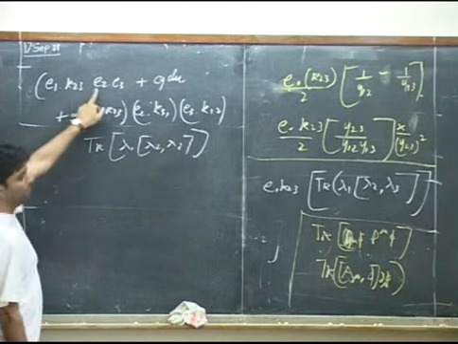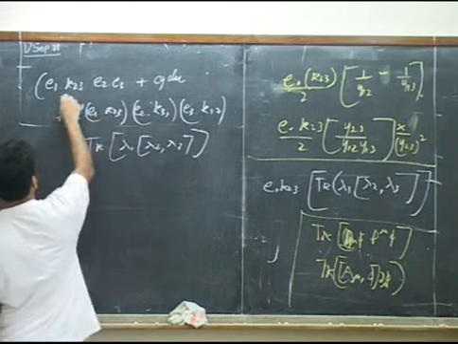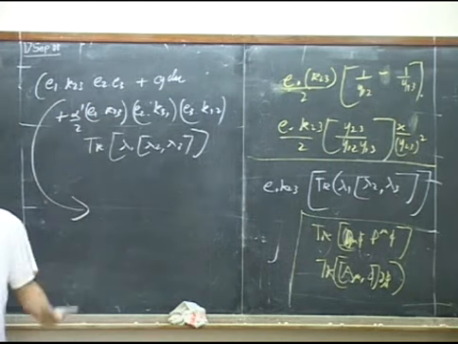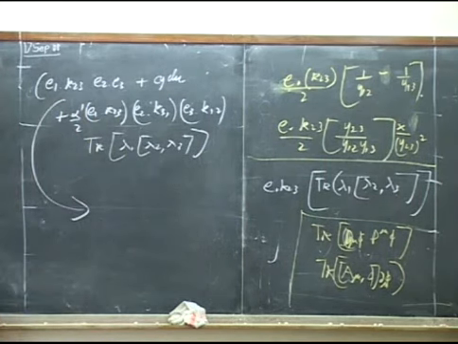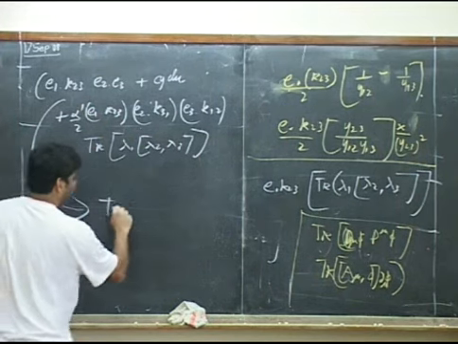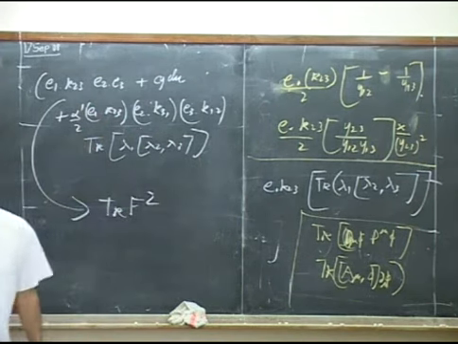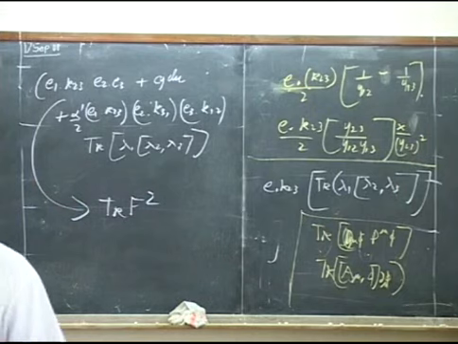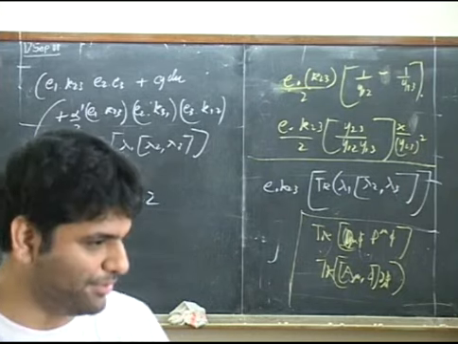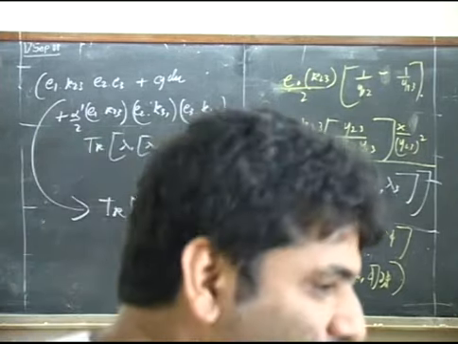And these 3 terms are simply the 3-point vertex that comes out of the usual Yang-Mills theory.